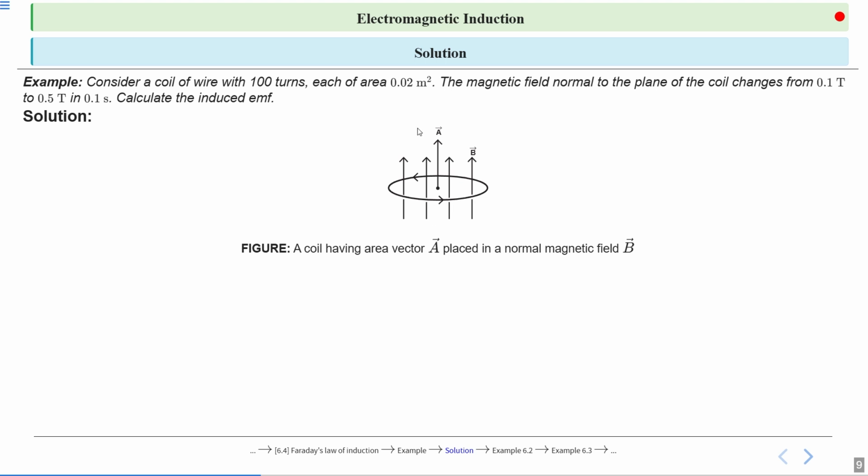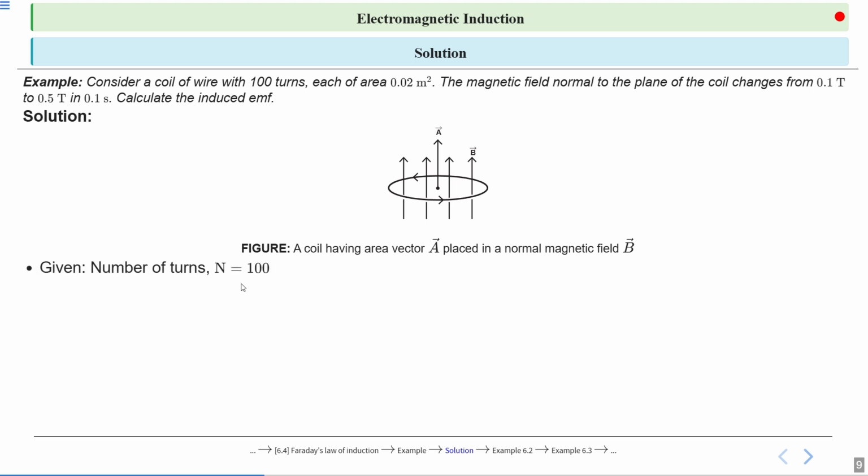This is the direction of the magnetic field. Magnetic field is also normal to the plane of the coil, which means the magnetic field is parallel to this area vector, so theta in this problem is 0 degree. A coil having area vector A vector is placed in a normal magnetic field B vector.